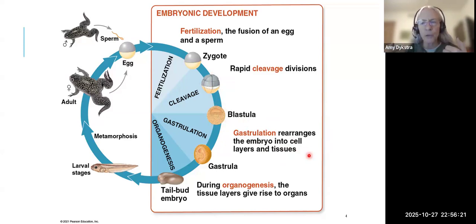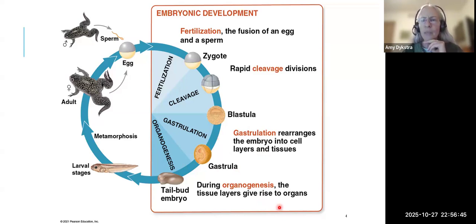Some of the cells are going to move toward the inside. And so that rearranges the embryo and produces the embryonic germ cell layers. And at the end of that, we have what's known as a gastrula, which has the 3 germ cell layers. And then the next stage is organogenesis, which is when the organs begin to develop.